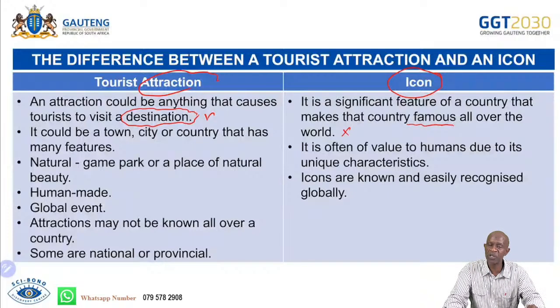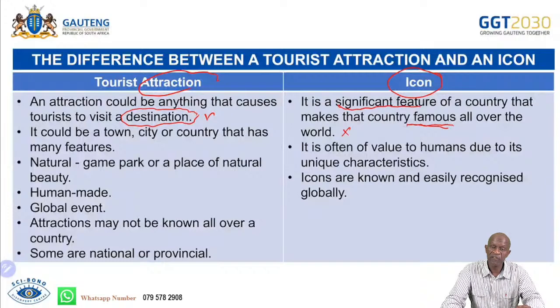Not well known or famous in that country or for citizens of that country alone, but for all the people around the world. So that makes an attraction an icon. A significant feature, that is your keyword, of a country that makes it famous all over the world. And this is a key phrase for you.